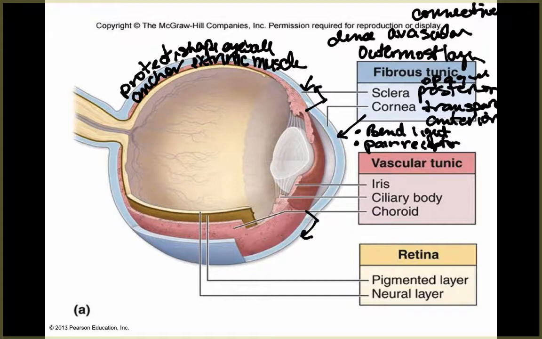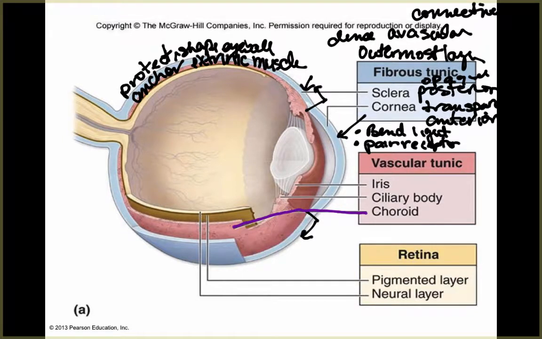The next part is what's known as the vascular layer. And it's made up of 3 parts: the choroid, the ciliary bodies, and the iris. And as you can see, this choroid here is right there.